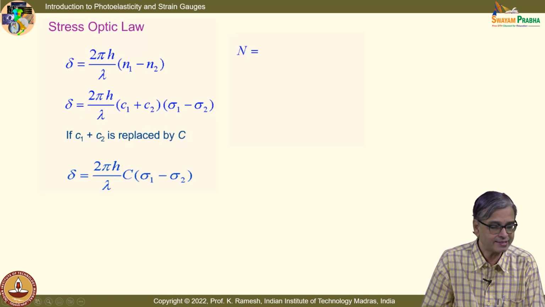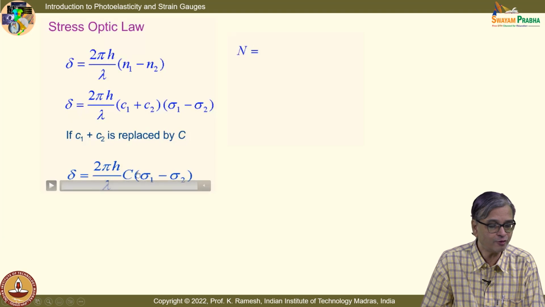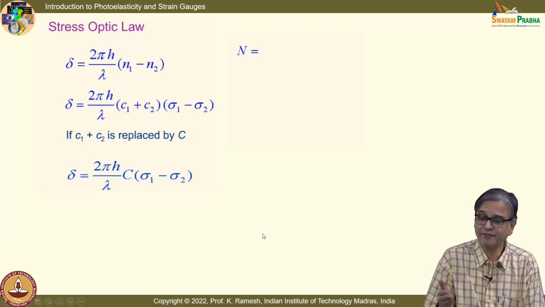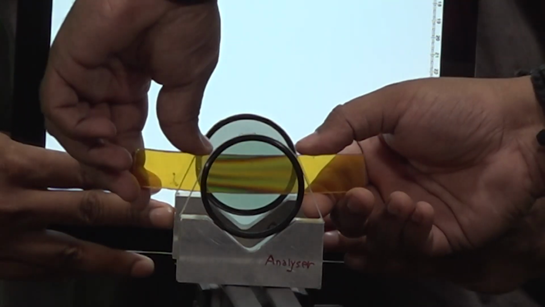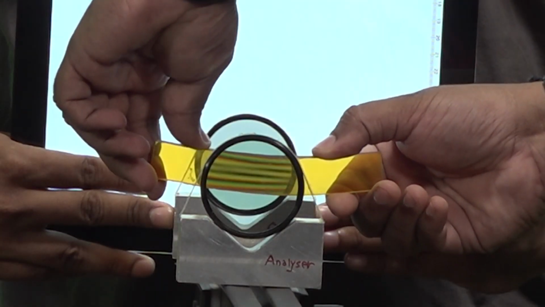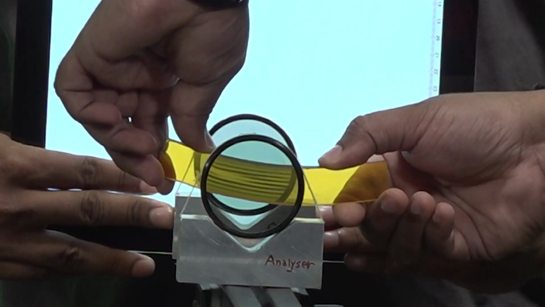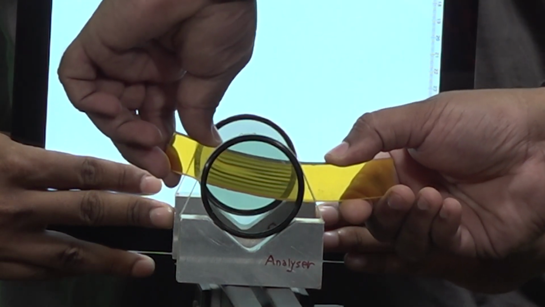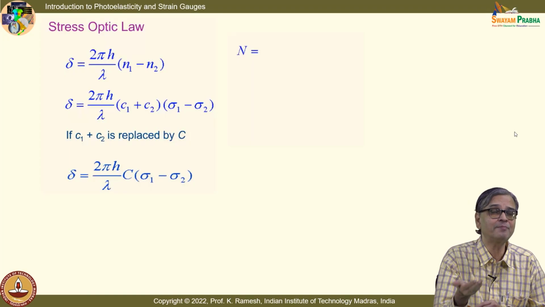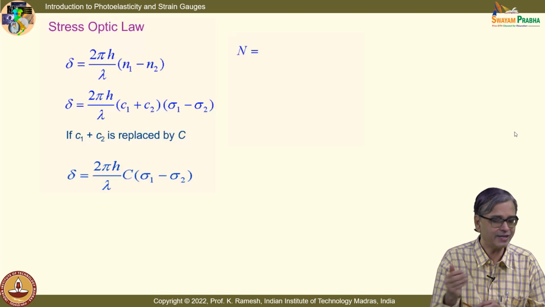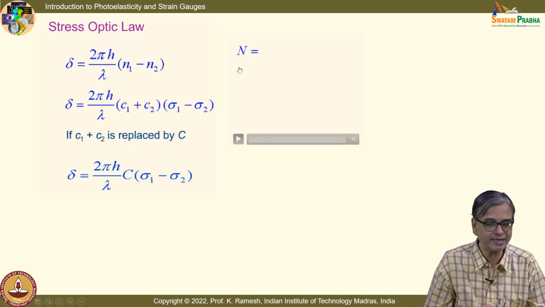So what you have is a constant which is related to the material, and for demonstration purposes, you have polyurethane, which has a very small value of this material constant. When I relate the retardation, measured in terms of wavelengths, when you say retardation divided by 2 pi, you call that a fringe order. Fine. So fringe order is given the symbol n, and n equals delta by 2 pi.